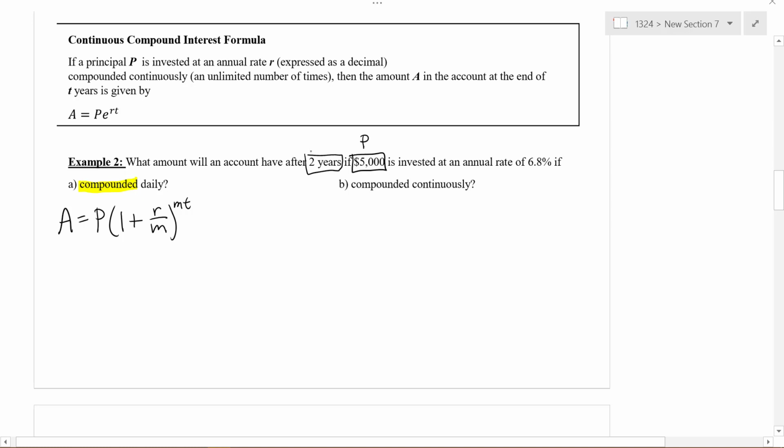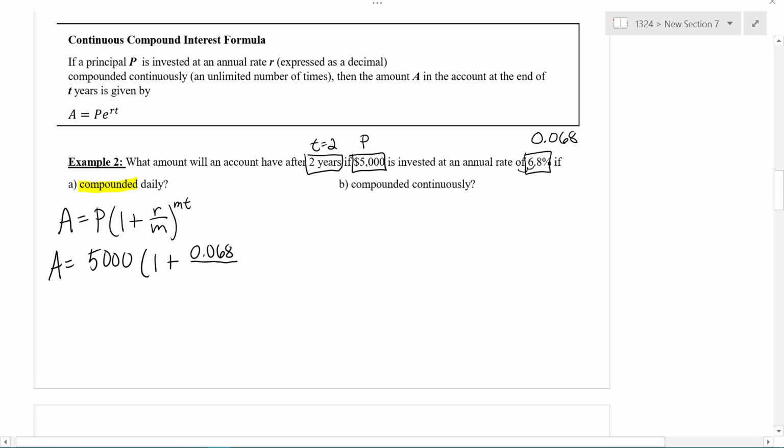The T value is going to be 2 years. Our interest rate is 6.8%, so moving the decimal place 2 spaces to the left, that's 0.068.